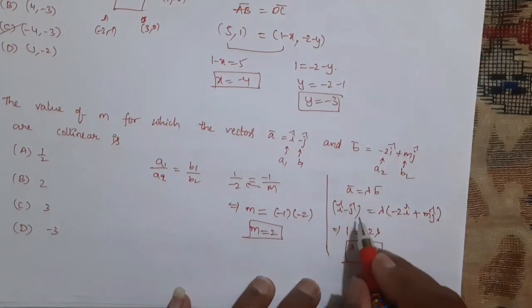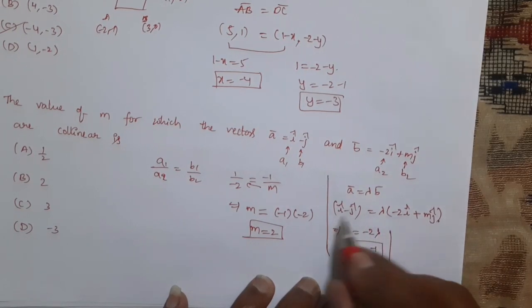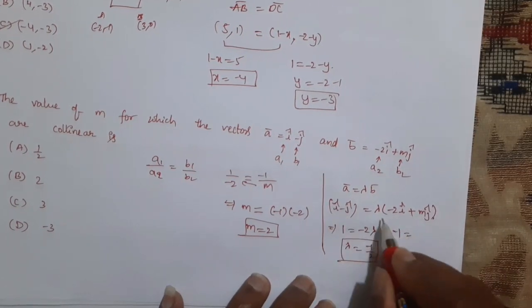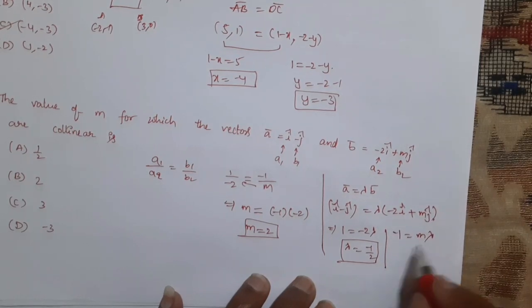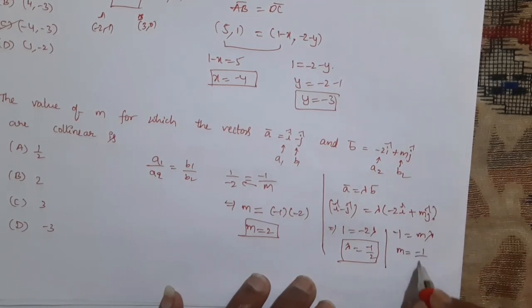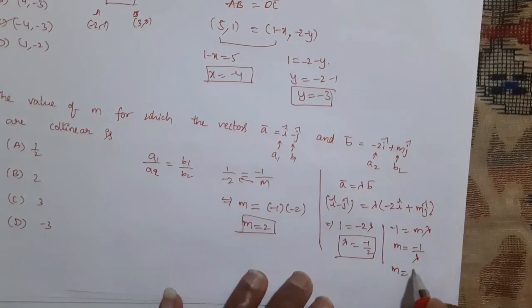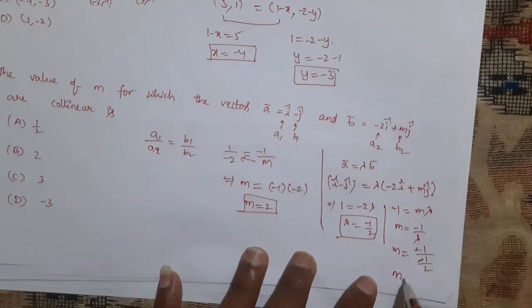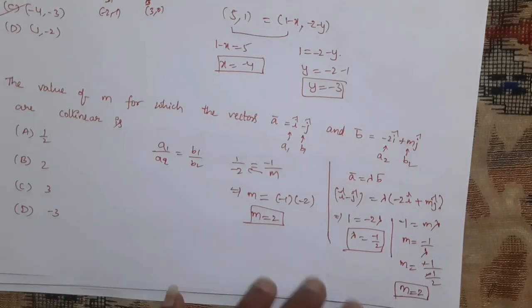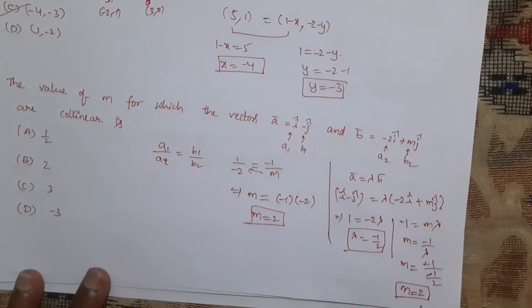Again in this case, if we equate the j coefficients, -1 is equal to m into lambda. We know that m is equal to -1 by lambda, and lambda is -1 by 2, minus cancels, so m value is equal to 2. In this case also you will get the same value.